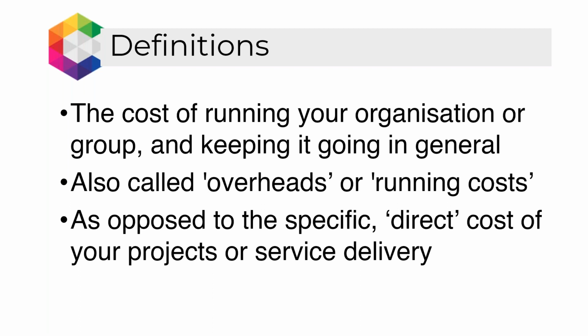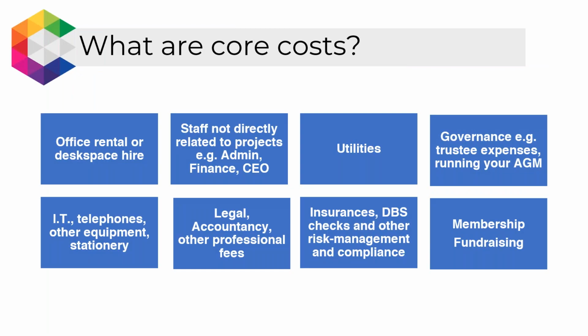They are things like office rental or desk space hire, utility bills, IT, phone bills, legal, accountancy, and staff that we call core staff, the ones that aren't directly related to projects. That could be admin or finance, or in fact your CEO.